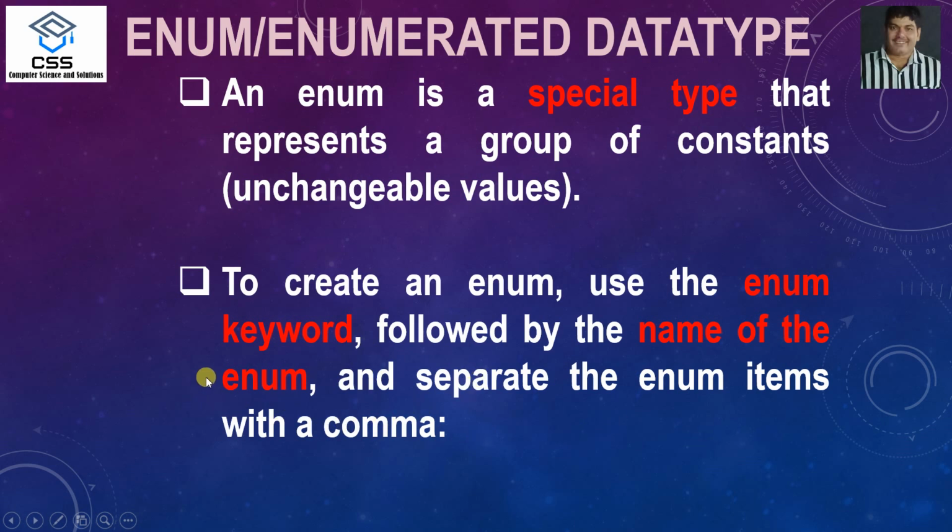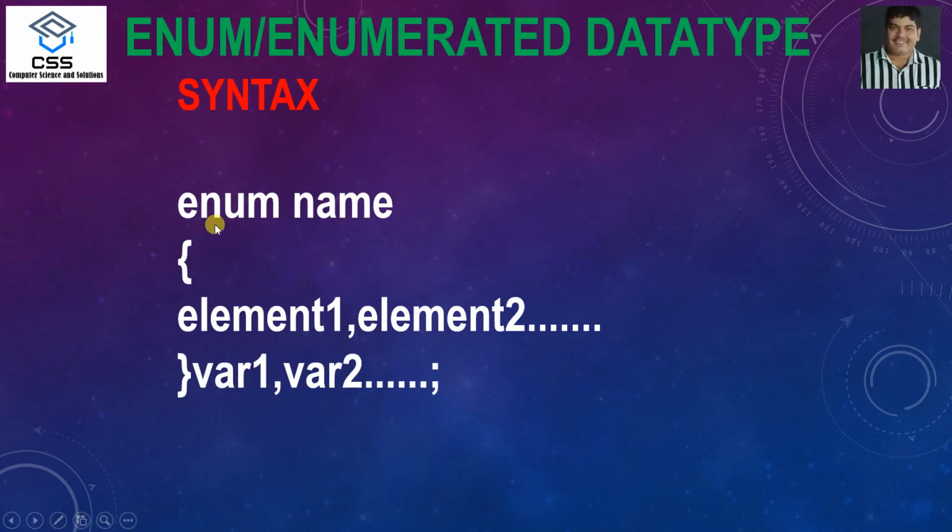Within the enum you have to separate the different items by the help of commas, like element 1, element 2, means a comma b comma c and so on, but the statement is not ended with a semicolon.